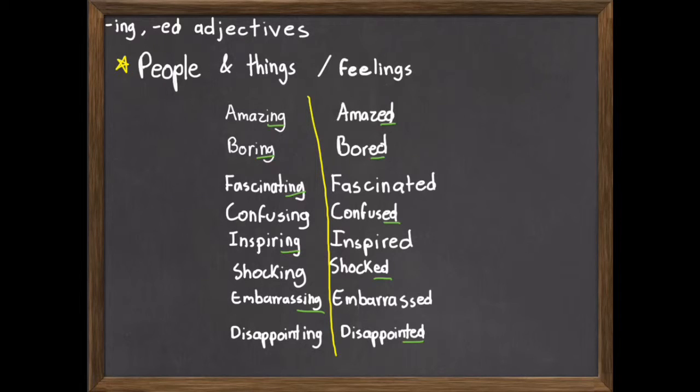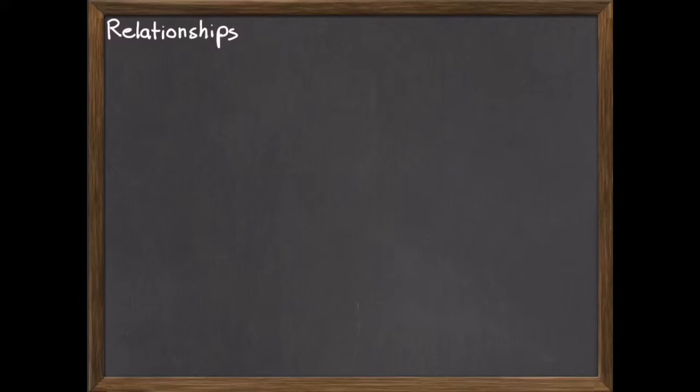Now let's look at the next part, relationships. In this part, we will look at a couple of words and see the differences between these words for relationships. For example, grandfather and great-grandfather.